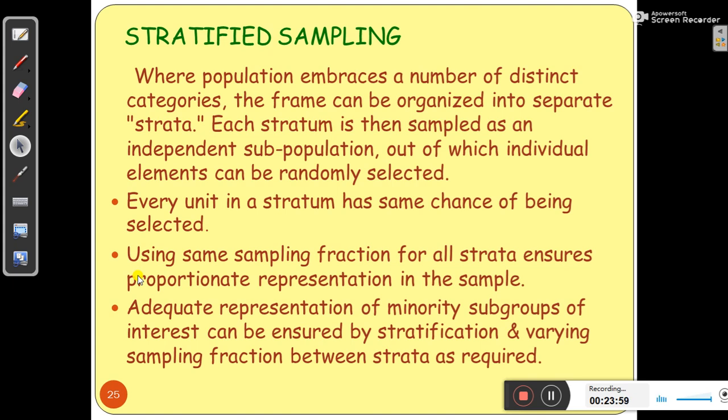So adequate representation of minority subgroups of interest can be ensured by stratification. We can achieve adequate representation of minority subgroups of interest by stratification and varying the sample fraction between strata as required.